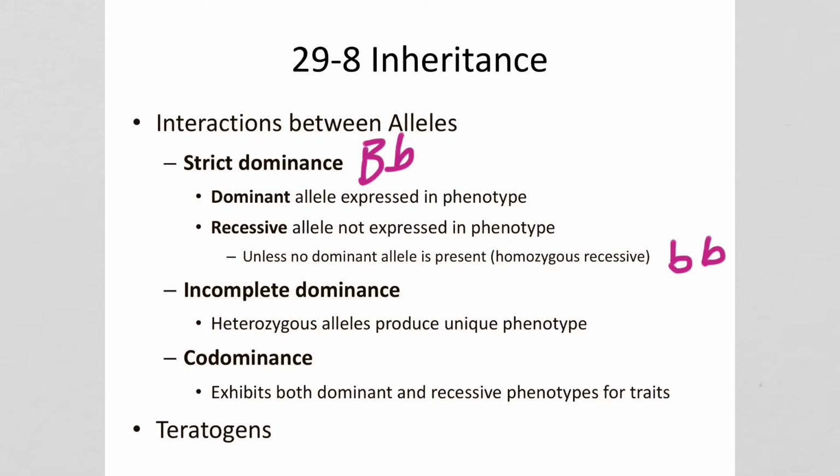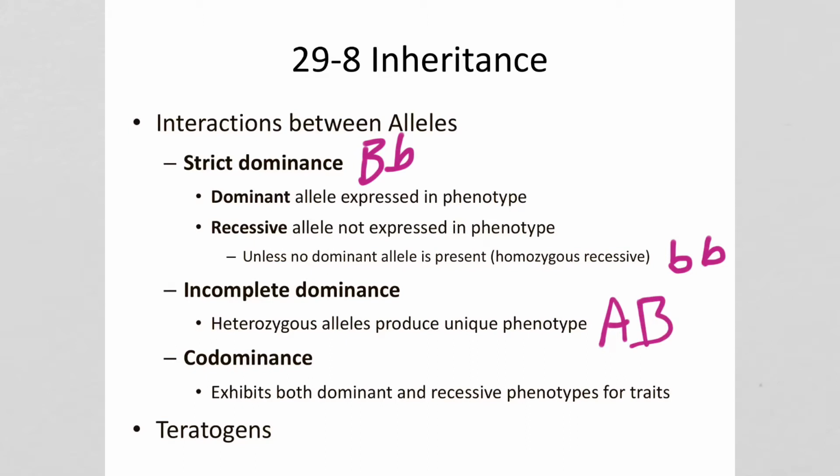Okay. Other things that are dominant, freckles are dominant. If you get a freckled gene, you will have freckles. Curly hair is dominant. If you get a curly hair gene, you will have curly hair. Codominance is when heterozygous exhibits both traits. So, for example, the AB blood type.